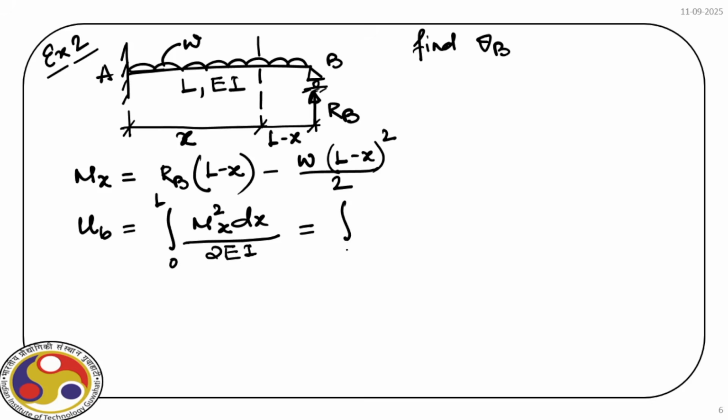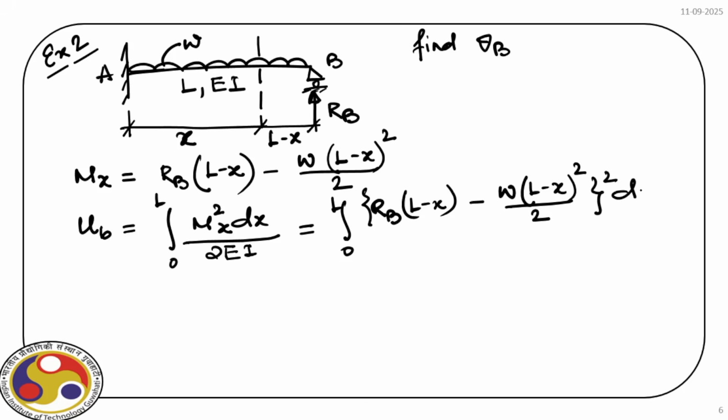So we have 0 to L, in place of Mx, we can put RB times L minus x minus omega times L minus x whole square divided by 2. So this is Mx, we have to square it, then dx divided by 2EI.